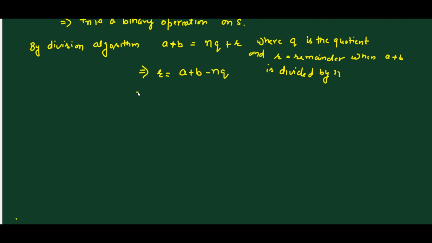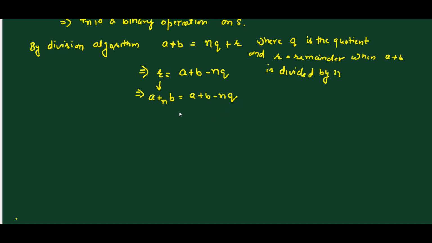So what is r? In our operation, r is this, because this is the binary operation on S and it gives the remainder when a plus b is divided by n. So you can write this as a plus b minus nq, where q is the quotient.